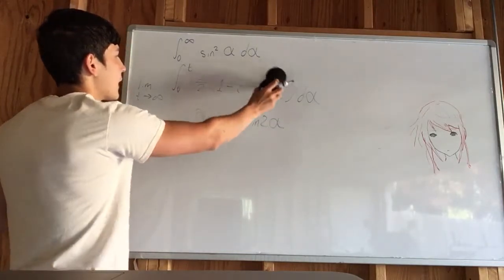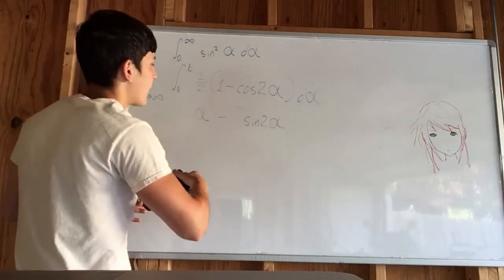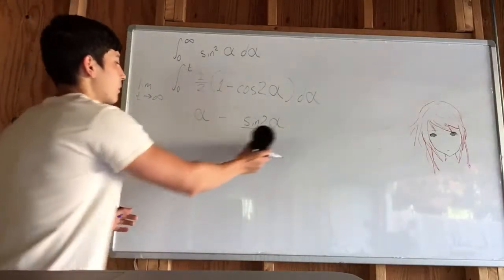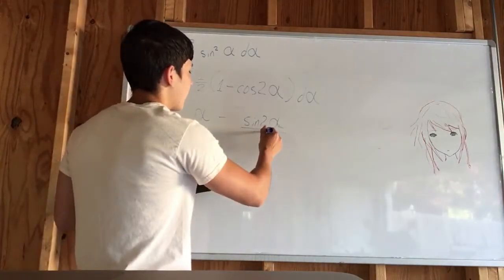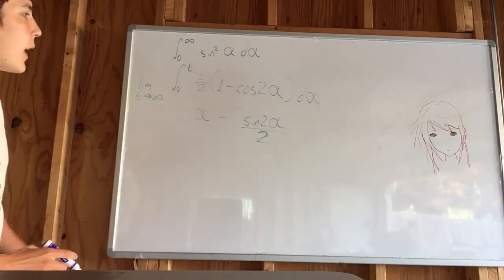Because it's cosine, when you integrate that, it's a positive. We're subtracting a positive, and we're dividing by 2. Negatives, there you go. I just woke up, I'm sorry. Alpha negative sine 2 alpha over 2.